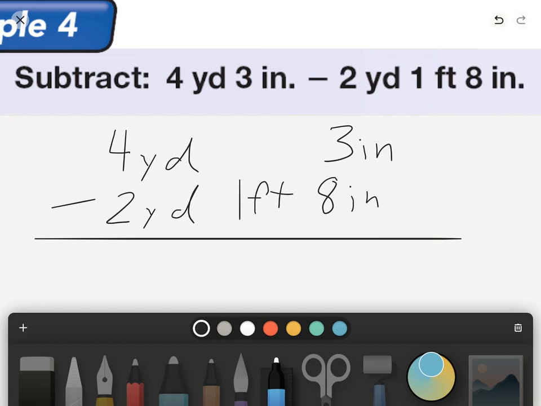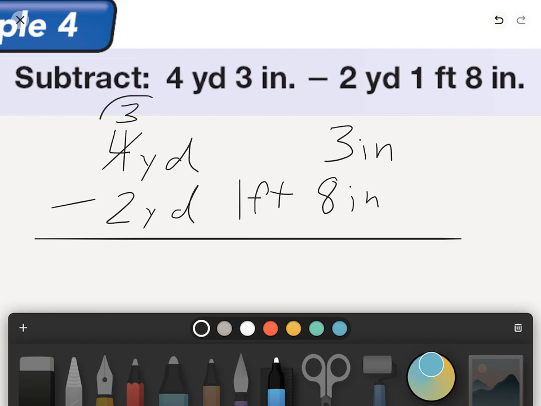Yeah. Set my subtraction thing. Wait, where do you borrow? Where do you borrow? So we're gonna need to do some borrowing here, in a few different ways. Now, what you were doing last time, starting from the left and working right, you kind of have to do it this time, because you have no feet, and you need to borrow some feet. You can't borrow any feet if you don't have any feet. So just for starting out, I am going to borrow 3 feet from my yards column.